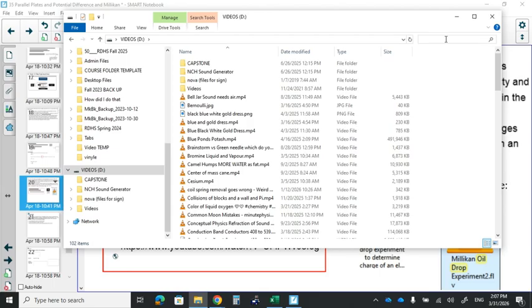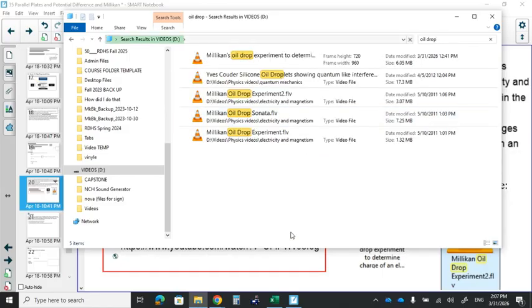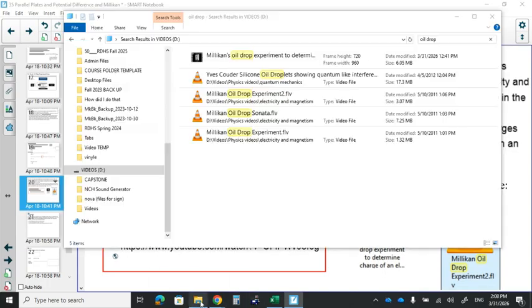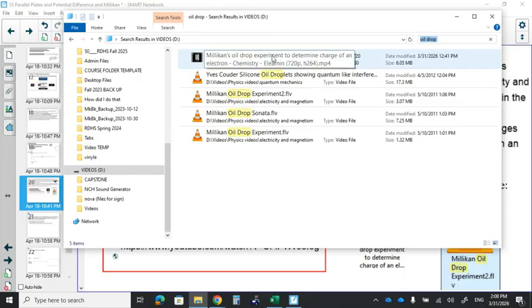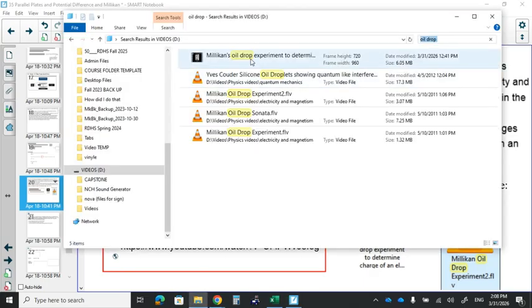I'm going to type in oil drop, and the one I want is the one with the larger amount of wording. All right, here we go.